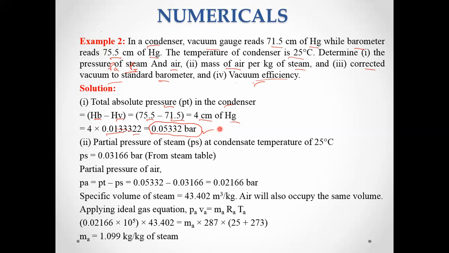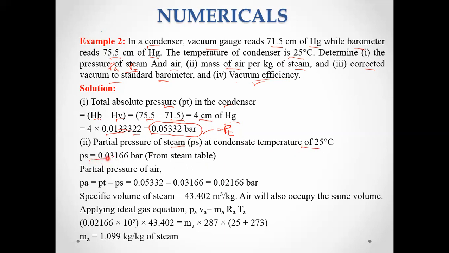This is the total pressure, I will write it as PT, the total absolute pressure in the condenser. Then the partial pressure of steam at the temperature 25 degrees Celsius.